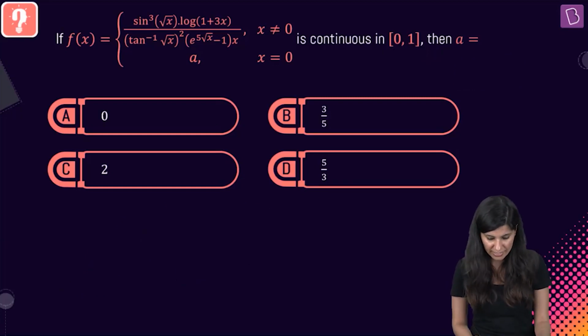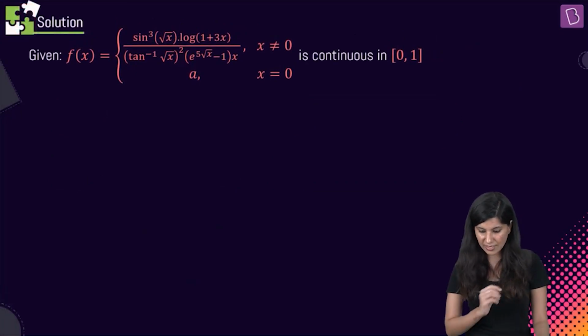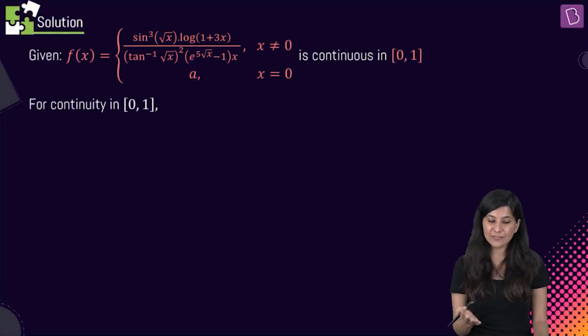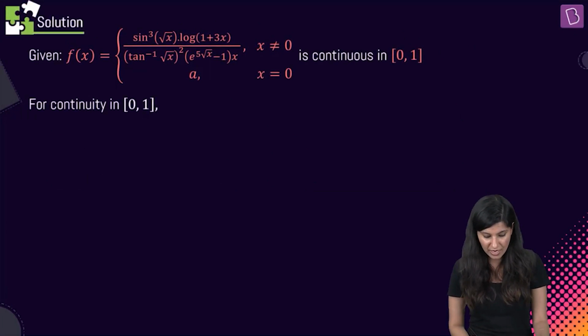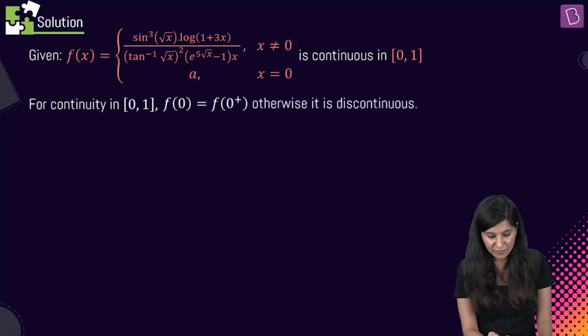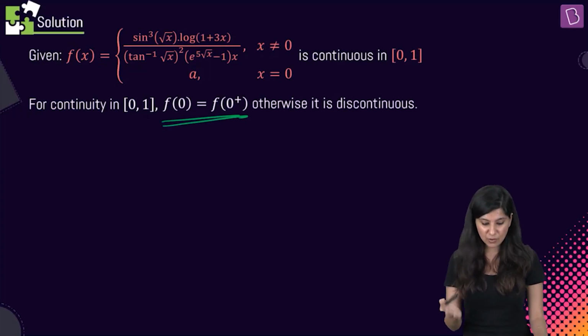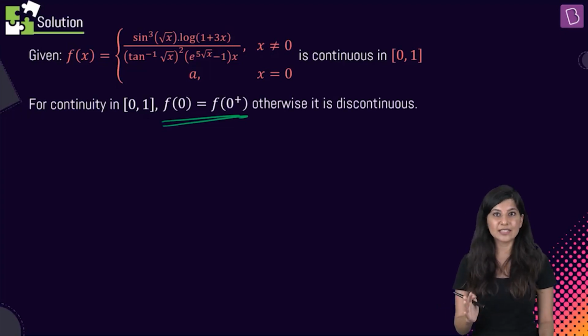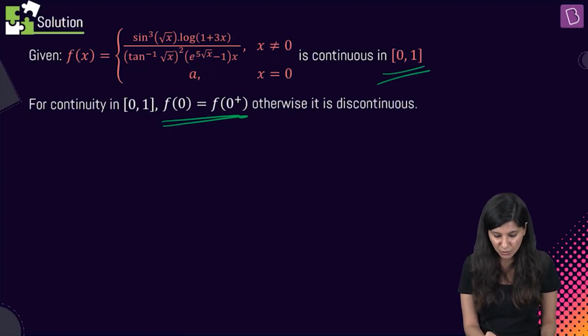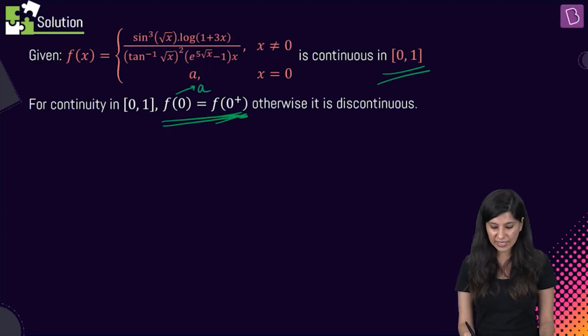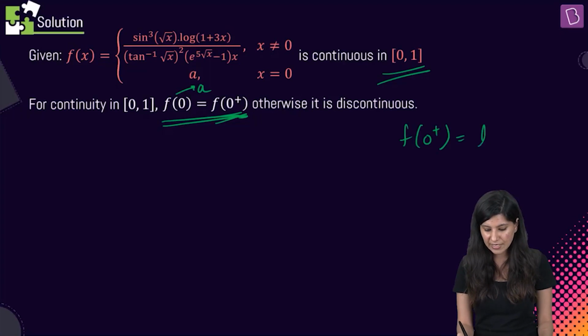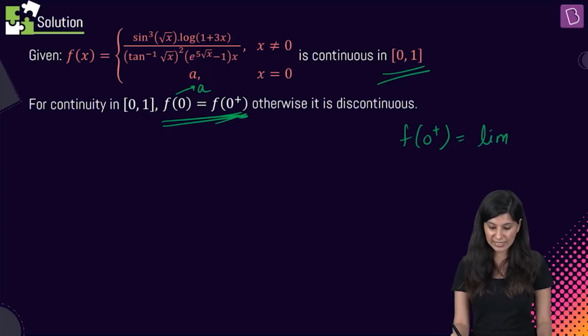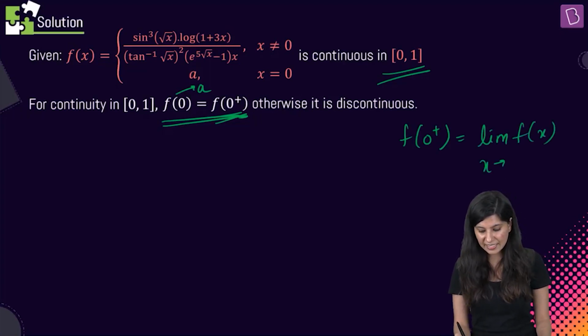That's all. Alright, if this is sorted, if you understand this, then let's proceed for continuity in 0 closed to 1 closed. f of 0 should be equal to f of 0 plus, right? Only this. No need of 0 minus because in this interval 0 minus doesn't even exist, right? So f of 0, what is f of 0? You tell me. f of 0 is a. f of 0 plus, that we need to figure out, right? f of 0 plus would be nothing but limit of f of x where x is tending towards 0 plus.